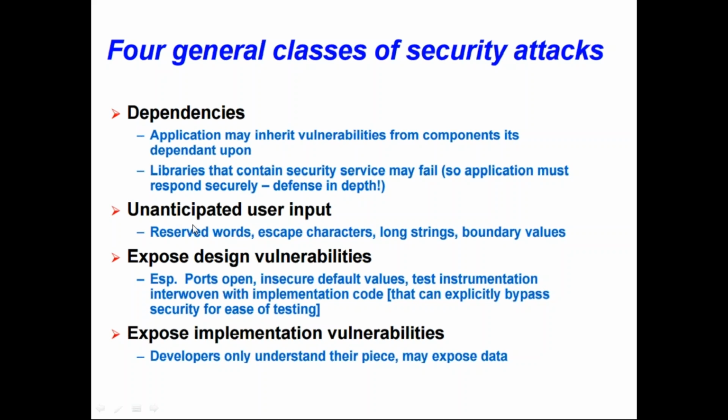The second class of security attack is unanticipated user input. A simple example is a password that accepts only 14 characters and does not accept special characters, say the dollar symbol. If you give a dollar symbol and are able to log in, that is wrong.